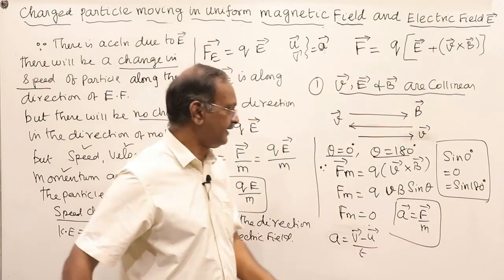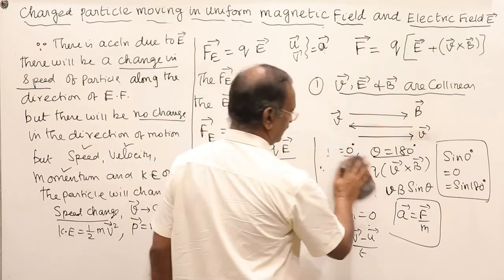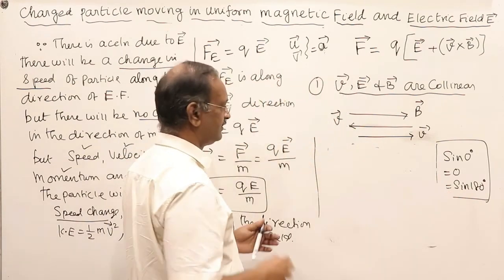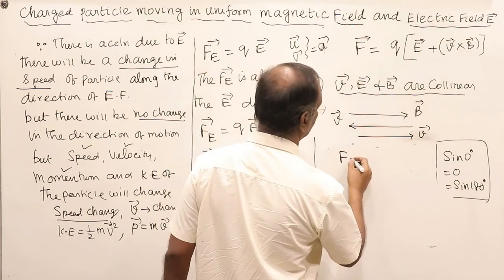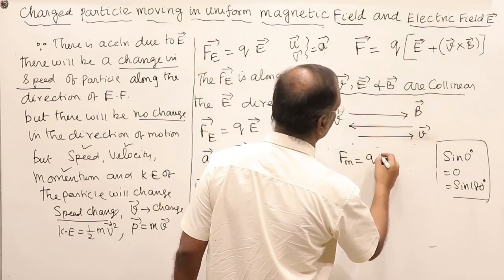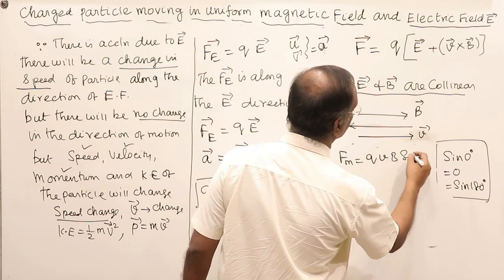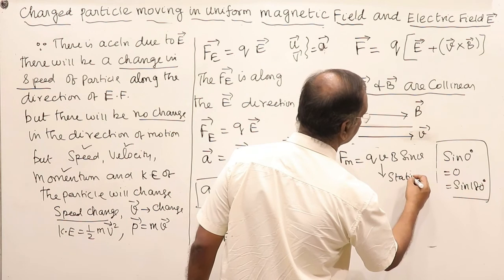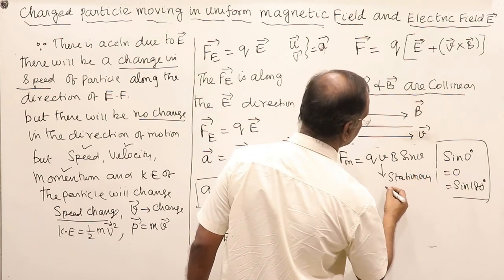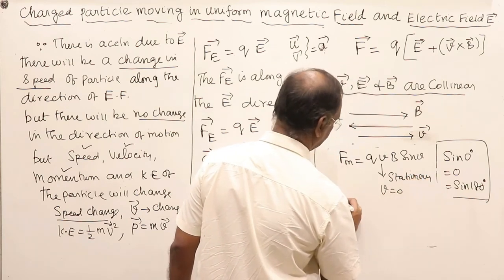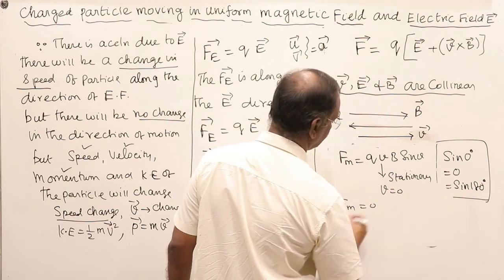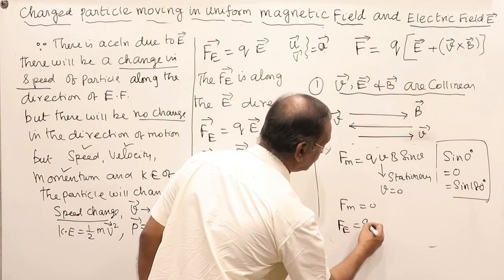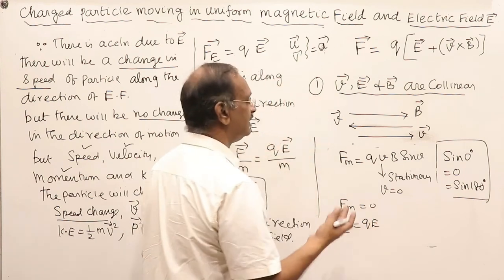For a stationary charge, magnetic force F is equal to Q V B into sin theta. Stationary means velocity is equal to 0. In that case, Fm is equal to 0. Now, electric force F is equal to Q into E.